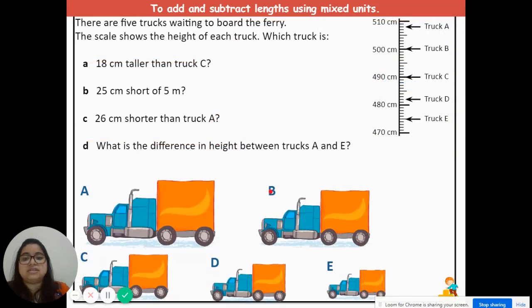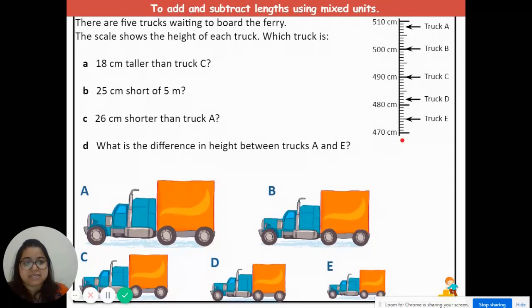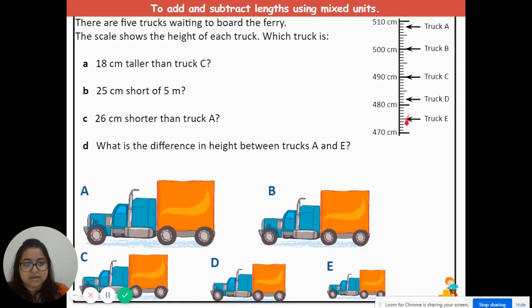Now, this question is there in your challenge 3 in your textbook. Now, before we go ahead, let's understand the scale. Here it begins from 470 centimeters and this second line is 480 centimeters, which means these small lines are 1 centimeter each.